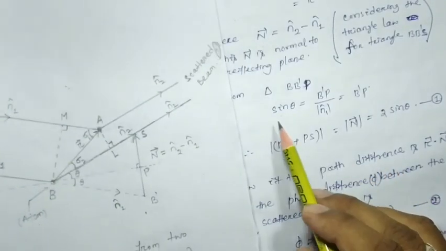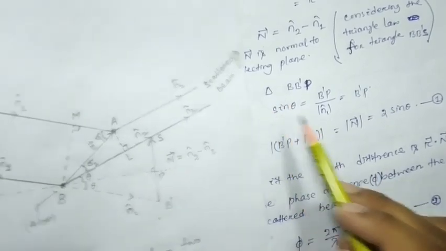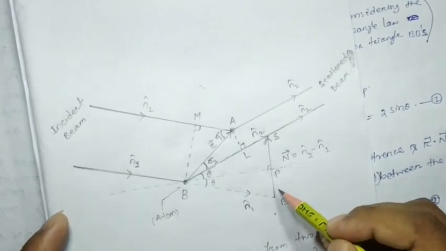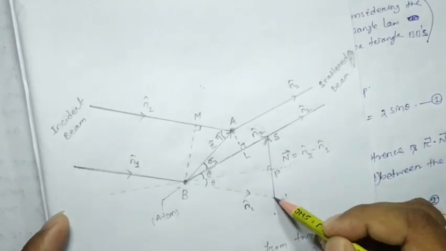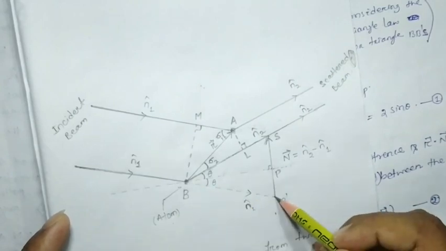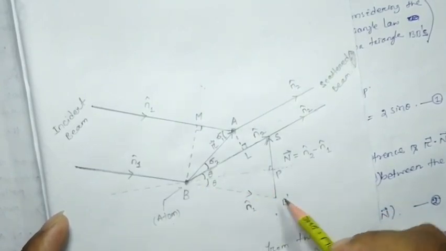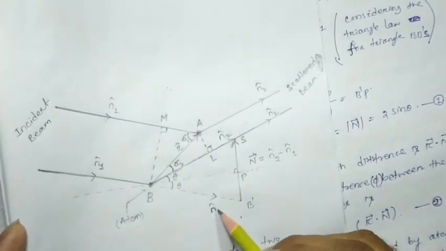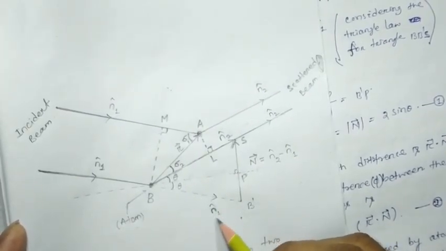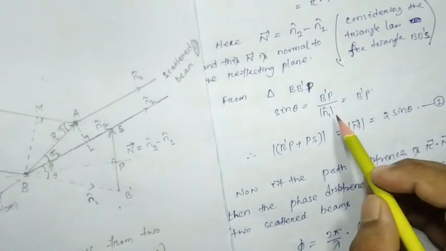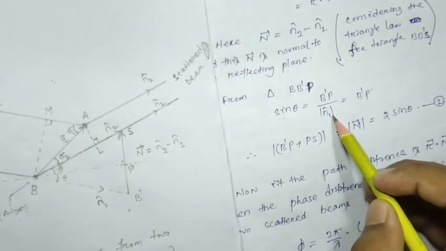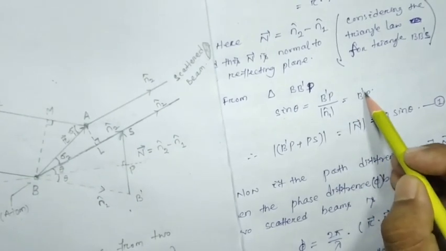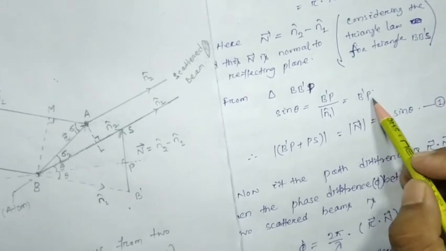So sin theta is the height divided by the diagonal, which is B dash, nothing but the modulus of n1 cap, which is 1, because it is considered a unit vector. So B dash P divided by modulus n1 cap, which is 1, is B dash P.